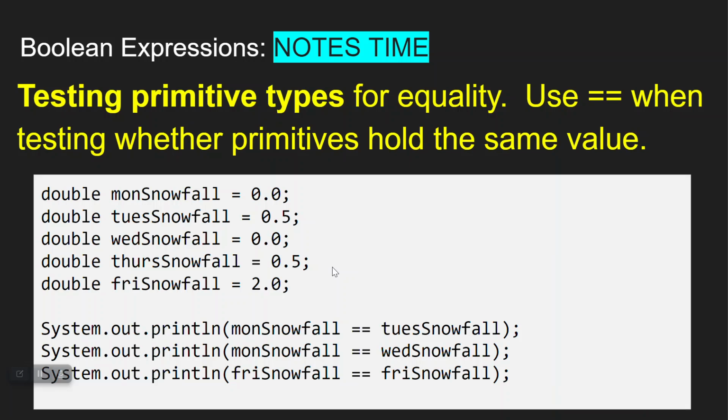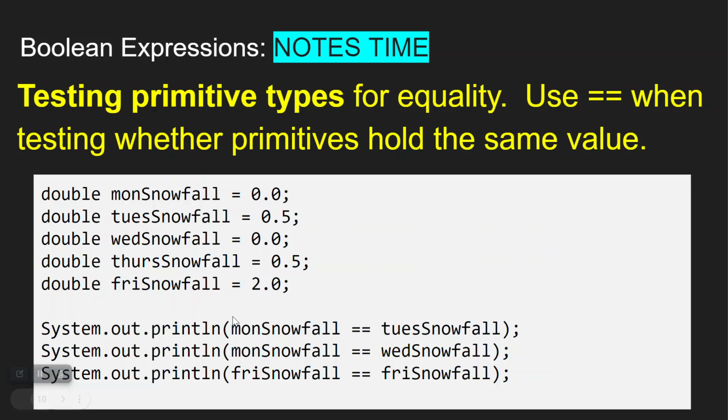All right, so how would we test primitive data types for equality? If we wanted to create some Boolean expressions testing whether primitive data types are equal to one another, we're basically saying whether or not they have the same value. So if we wanted to see whether a bunch of doubles are equivalent to one another, or whether they have the same value, we could do something like this.